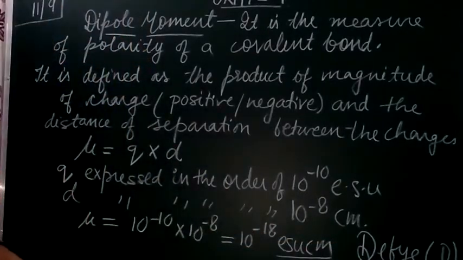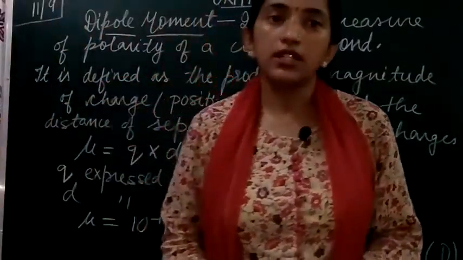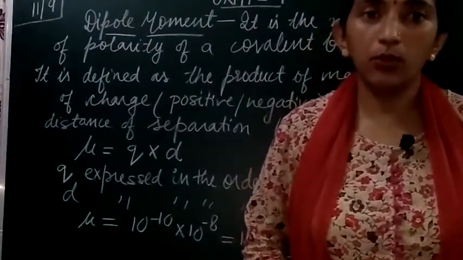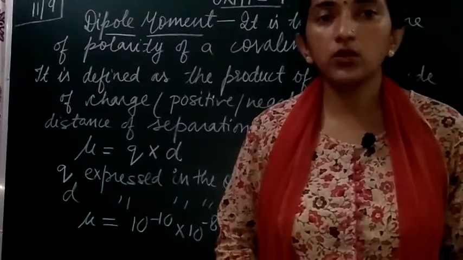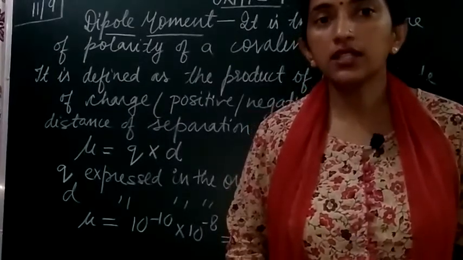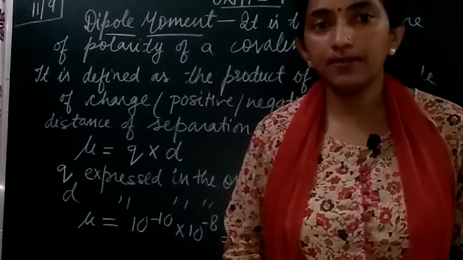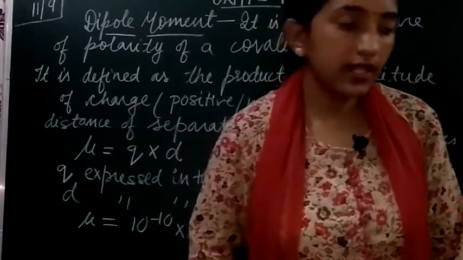Now, as I said, the dipole moment helps us measure the magnitude of the polarity of a bond. Through examples, we will try to understand how the dipole moment helps us find out the polarity of the bond.